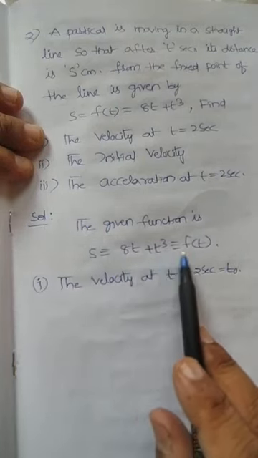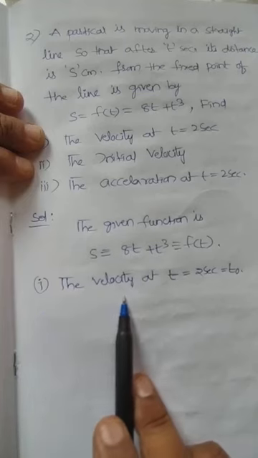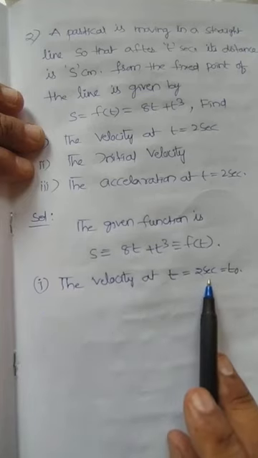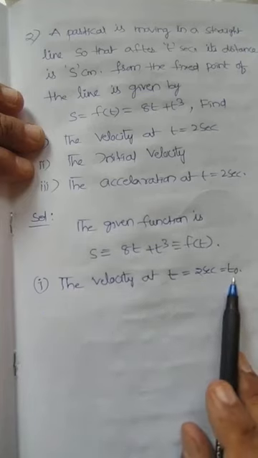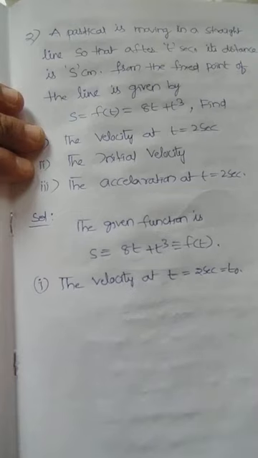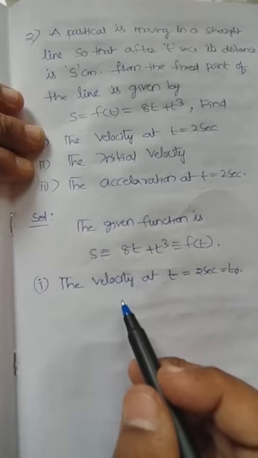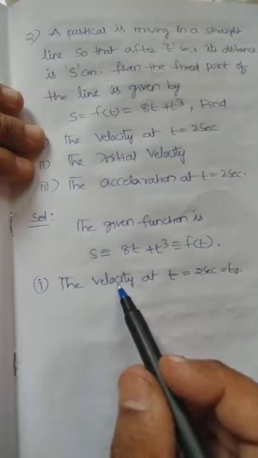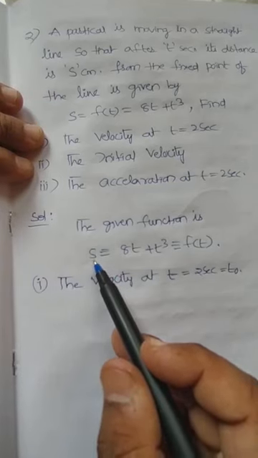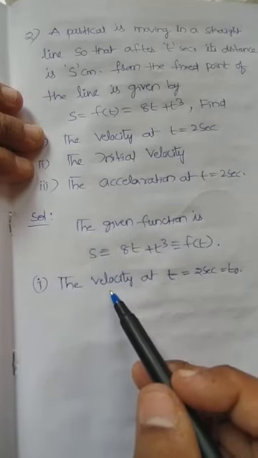Now the first one we have to solve: the velocity at t equals 2 seconds. I am mentioning it as t naught. When we want the velocity, the derivative of the displacement is none other than the velocity.